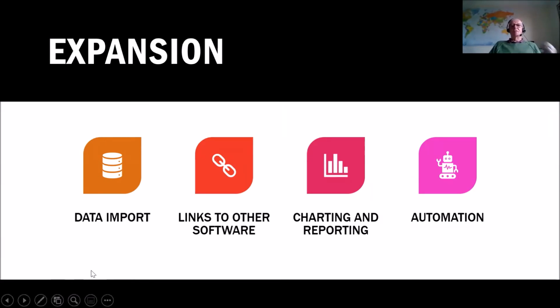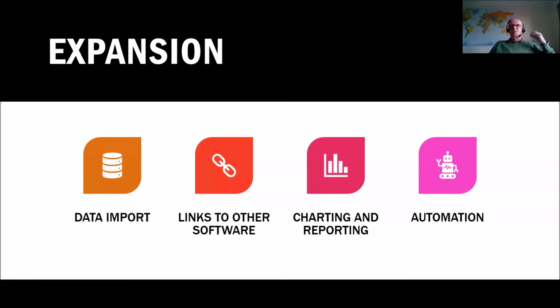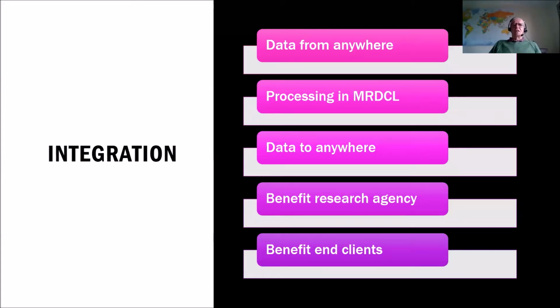And again, giving you that option that perhaps your team internally just do the DP people do the variable definitions, and perhaps the researchers do the analysis on some or all projects. And automation is really where we're going with all of our software at the moment. Integration, really the plan is there that it's data from anywhere, process it in MRDCL and deliver that data anywhere.